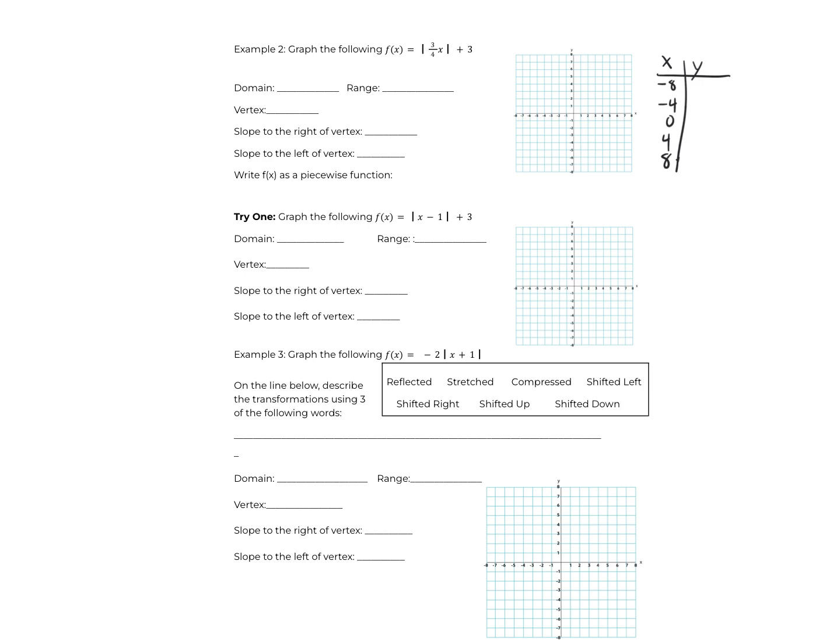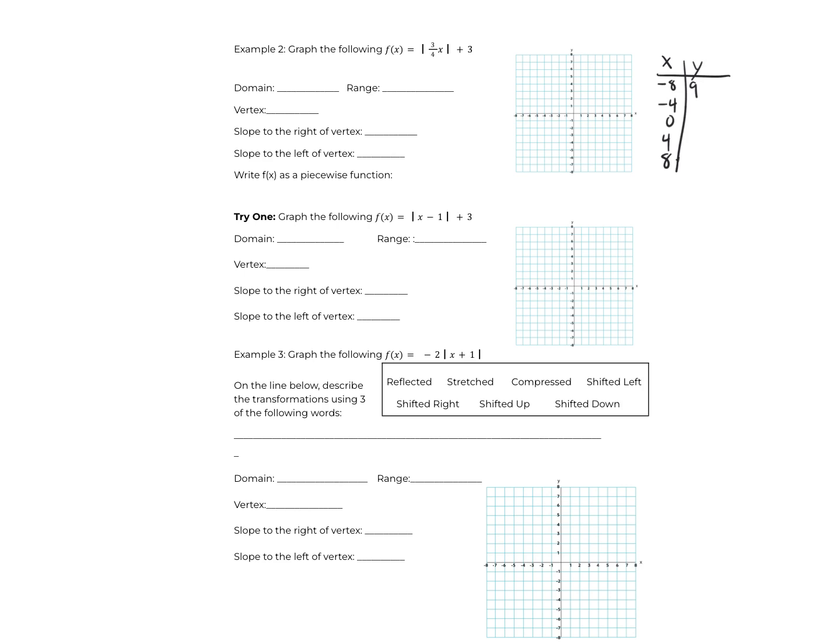And then I'm going to run those numbers through the function. So 3/4 times -8 is going to be -6. And the absolute value of -6 is 6, and 6 plus 3 is 9. When I run -4 through the function, 3/4 of -4 is -3.